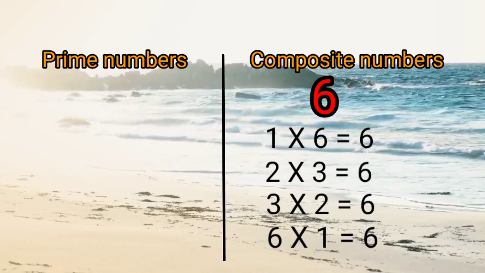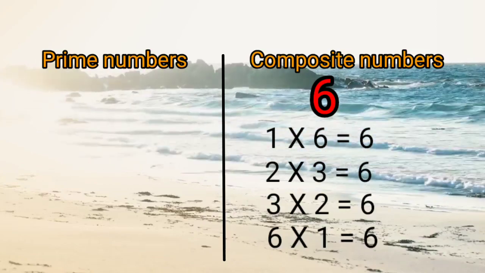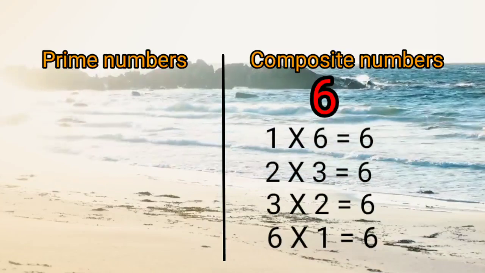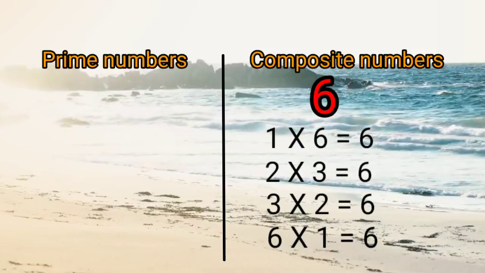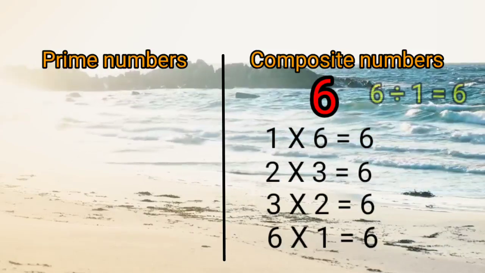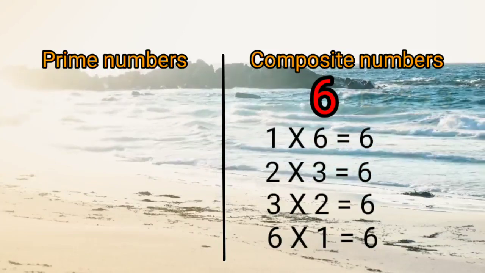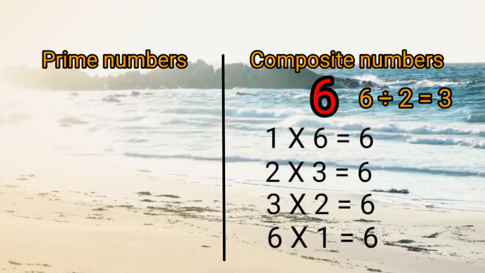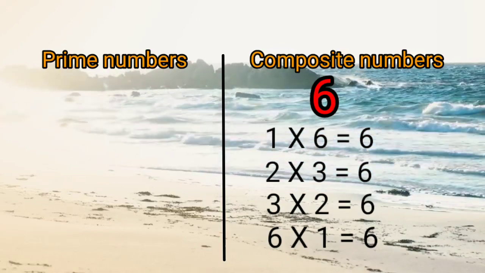So what do we mean by a factor of a number? Factors of a number are those numbers that exactly divide the given number. If you divide 6 by 1, you get 6. If you divide 6 by 2, you get 3.